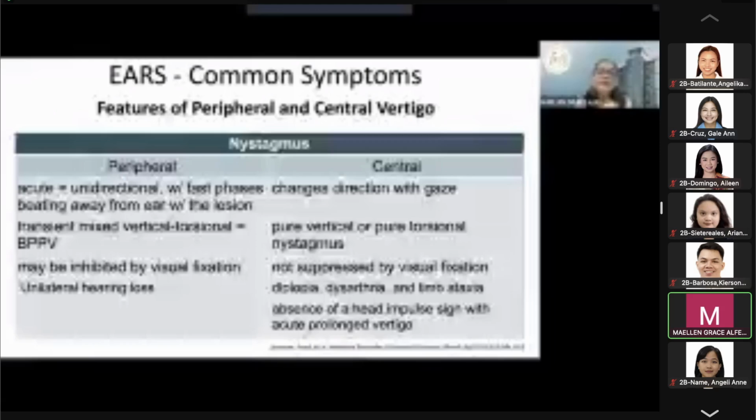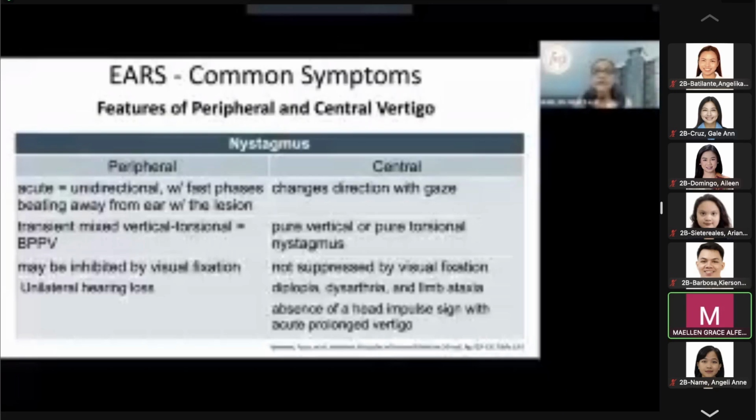Characteristic of this peripheral nystagmus is that it is inhibited by visual fixation. So you ask a patient to look straight at a fixed target, and the nystagmus usually goes away. And again, it's usually accompanied by a unilateral hearing loss. However, a central nystagmus usually changes direction with gaze.